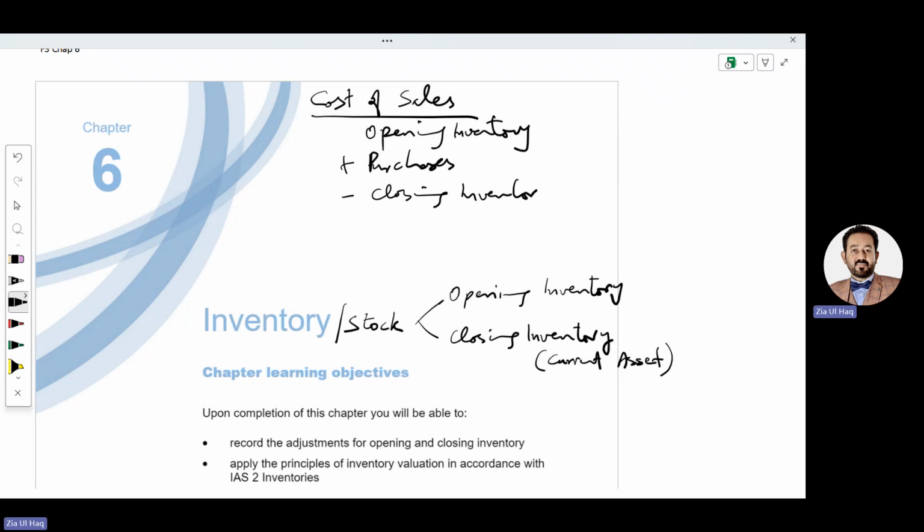Through this formula, we can calculate cost of sales. So opening inventory is recorded in the profit and loss account under cost of sales, and closing inventory we record as a current asset in the balance sheet as well as deduct it from cost of sales.